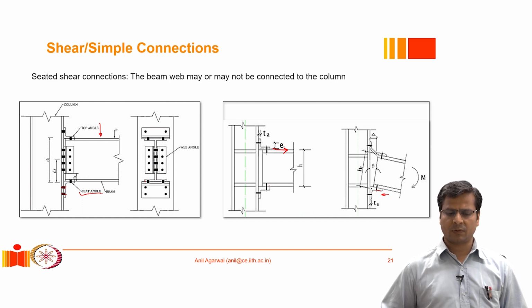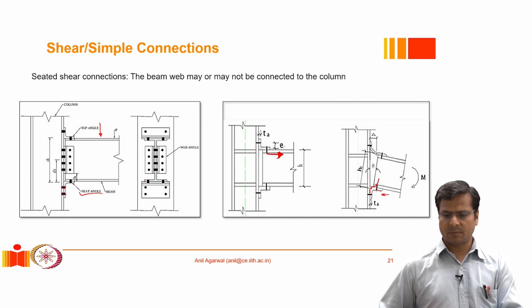Likewise, if we push this angle downward, it offers a very high level of resistance. It has a very high stiffness. However, when we push it in this direction, which is the same as if we pull this angle in this direction, these angles are very flexible and they don't offer a lot of resistance, and as a result this connection starts to behave like a simple connection. Most of the shear force gets transferred to the bottom through the bottom flange.